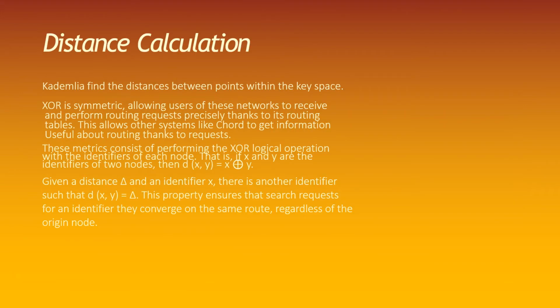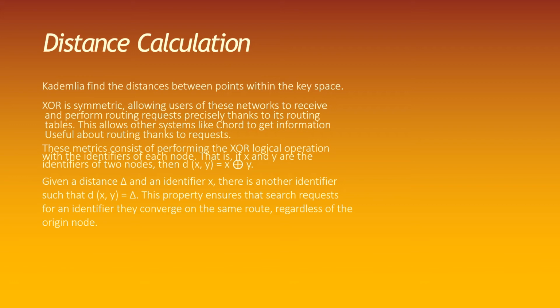And let us know about the distance calculation. Kademlia finds the distance between points within the key space. XOR is symmetric, allowing users of this network to receive and perform routing requests precisely thanks to its routing tables. These allow other systems like Chord to get useful routing information thanks to requests. This metric consists of performing the XOR logical operation on the identifiers of each node.